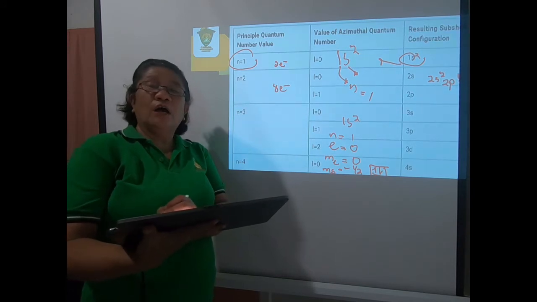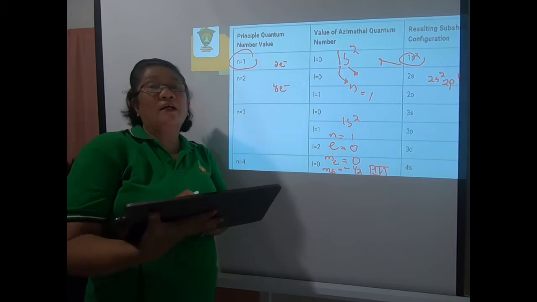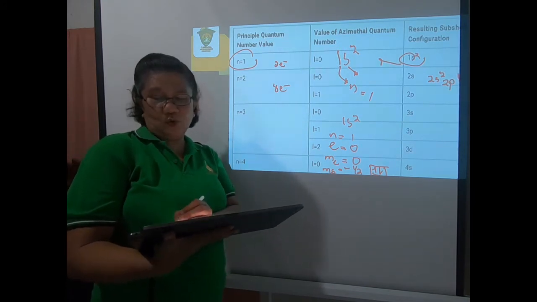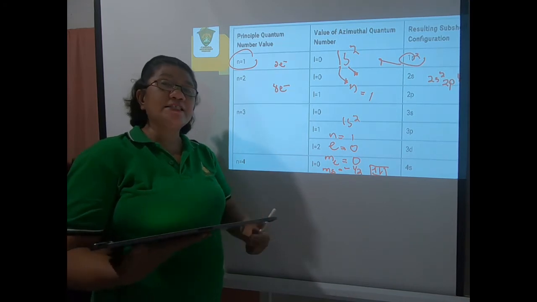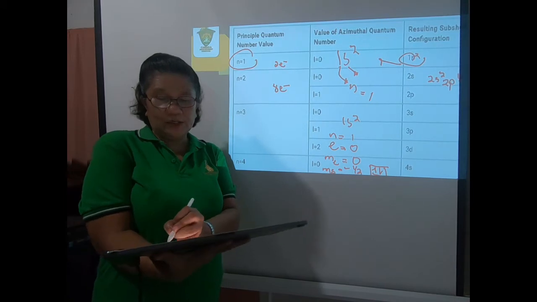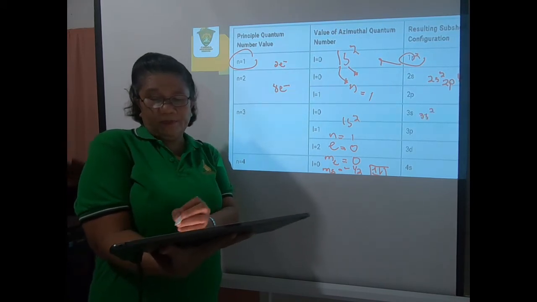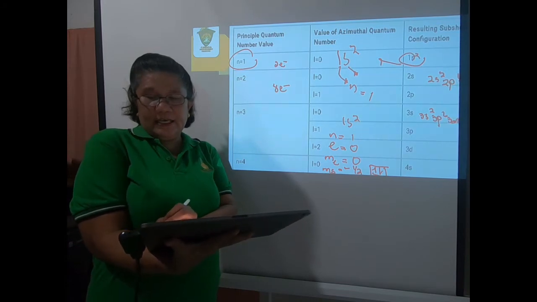The superscript will tell you the number of electrons, that is 2 plus 6 equals 8. When n is equal to 3, therefore, you will have these values: 3s2, 3p6, 3d10.